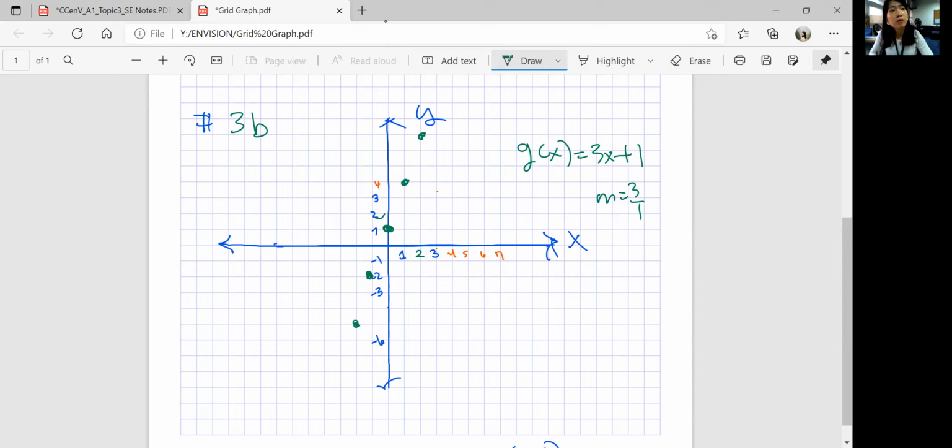So once you get enough points, you can connect these dots. Okay, and this is g of x. All right, so that's a positive slope. It looks like it's going up from left to right.